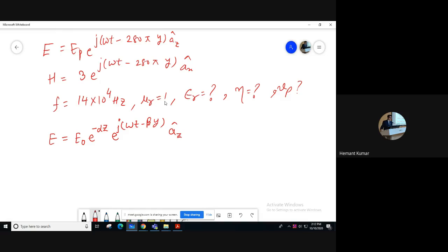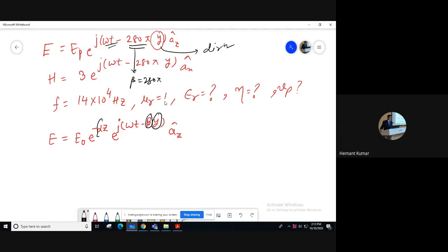What is the direction of propagation? The direction of propagation is always given by the quantity that goes with beta. This is nothing but our beta, 280π, and this is the direction of propagation. Omega t is as it is.